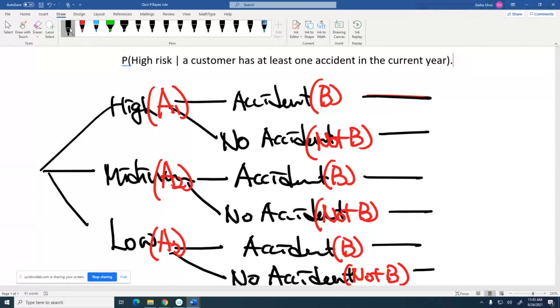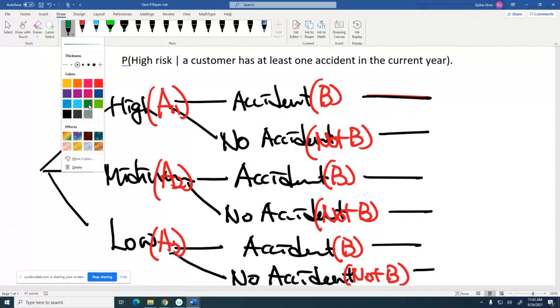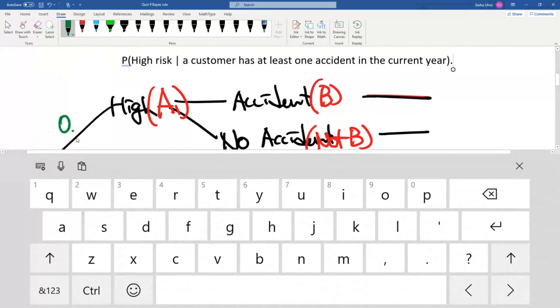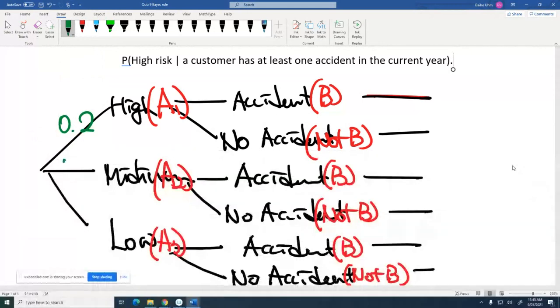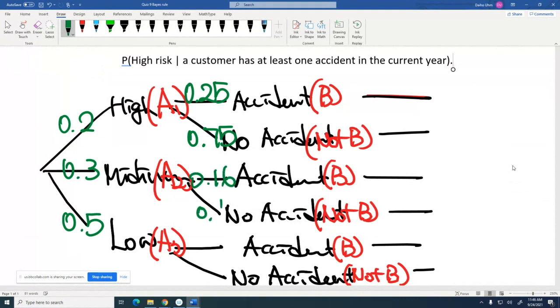And additionally, we plug the probabilities 0.2, 0.3, 0.5. How much was the first one? 0.25. Then the second one must be 0.75. And the third one? 0.16. Then 0.94.